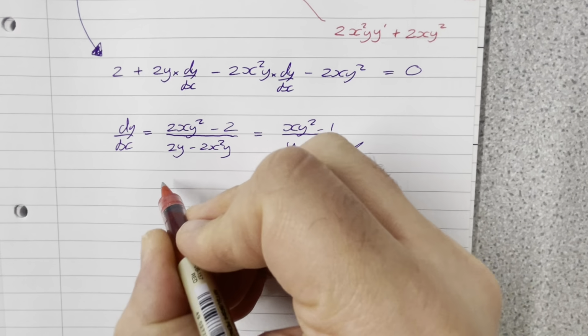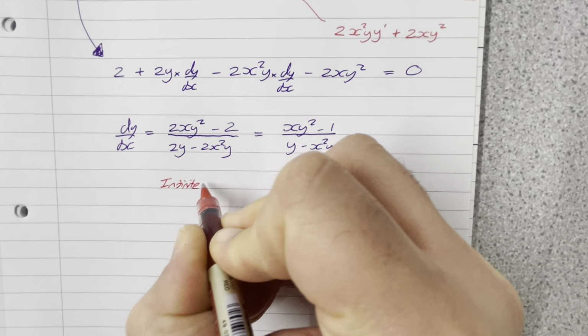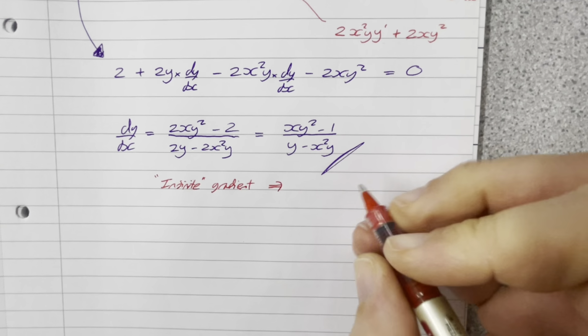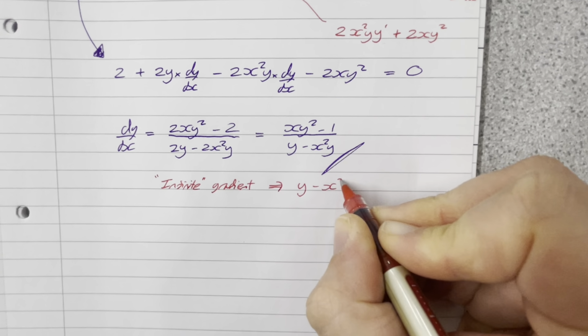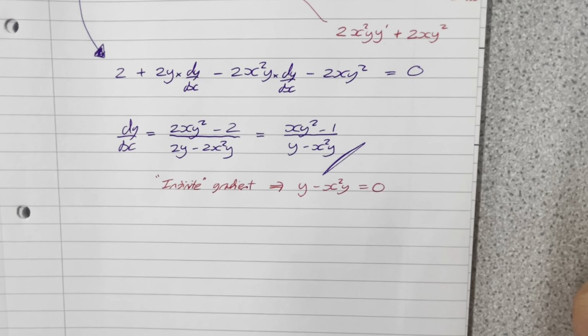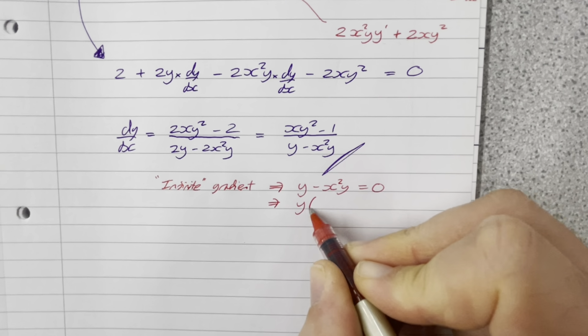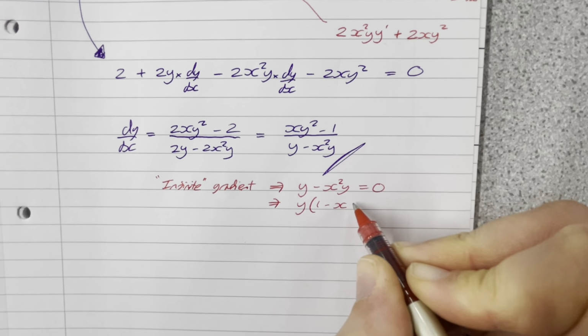So infinite gradient, in this case, implies that y minus x squared y equals 0, which means that either y equals 0 or x squared is 1.